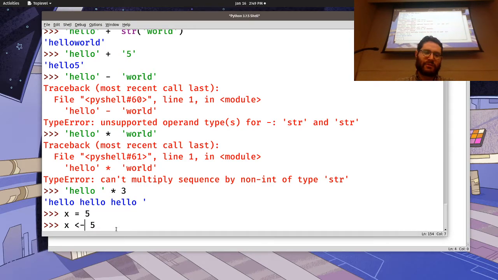But if you translate this, it could be read as x is less than -5, which is not true right now. And so what if it was a bigger arrow? Now it's just kind of weird, and that took 3 keystrokes.